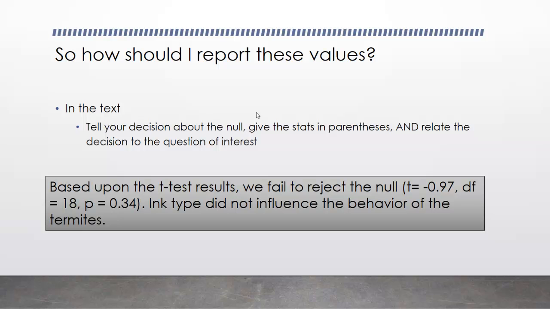Based upon the t-test results, we fail to reject the null. T equals negative 0.97, degrees of freedom equal 18, P equals 0.34. Ink type did not influence the behavior of the termites. So you see how I tell you about my decision with the null. I give the proper statistics, and then I relate it back to the original question.